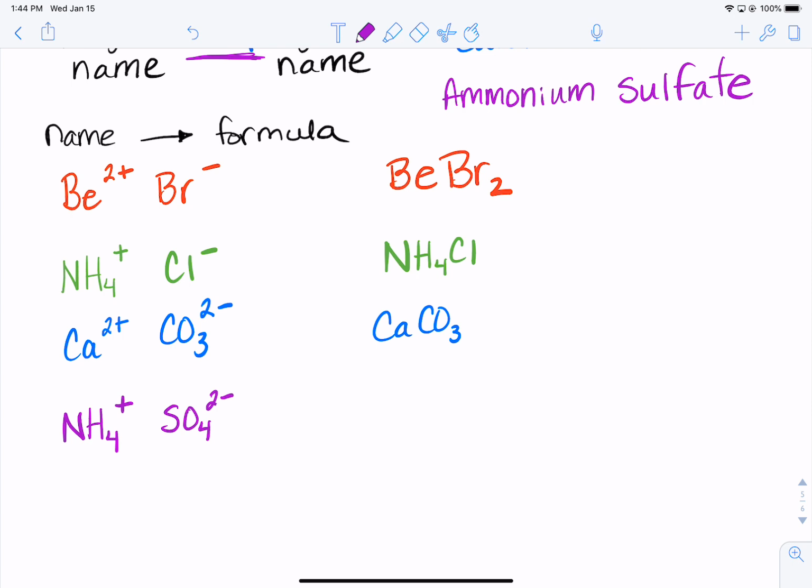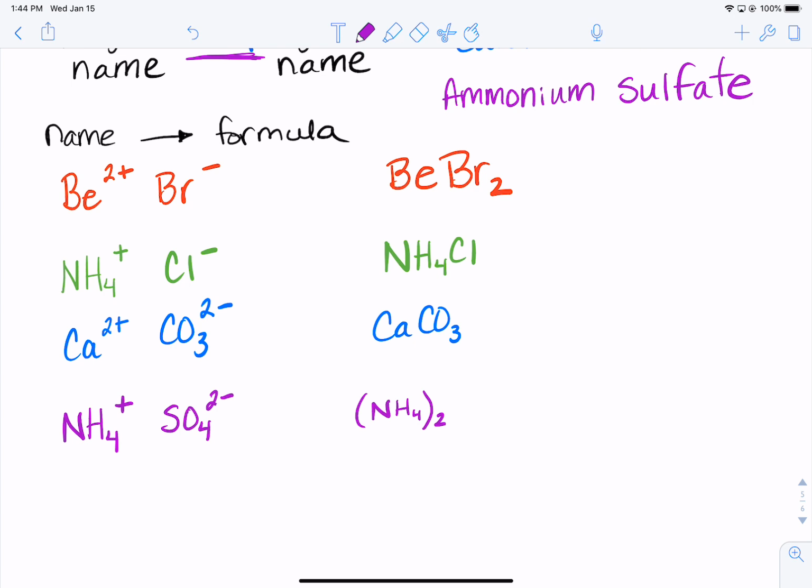I write it like this. I write NH4 in parentheses, and then I put a 2 on the outside of the parentheses. So this is kind of like math. You know when you're trying to multiply something, or you factor something out, you put parentheses. It means you have double of something. So in chemistry, we don't put it in the front.